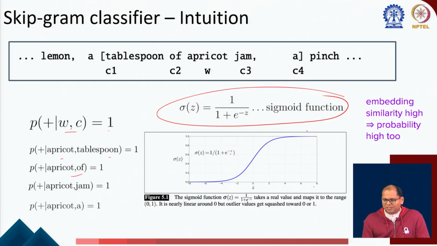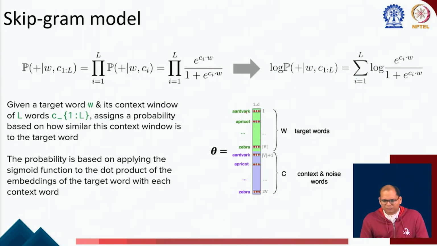So I want to model this: if embedding similarity is high, then probability is high. So the input should be the embedding similarity of w and c. So I'll use the embedding similarity of w and c as the input to the sigmoid, and I'll say 1 upon 1 plus e to the power minus embedding similarity for the positive samples, right?